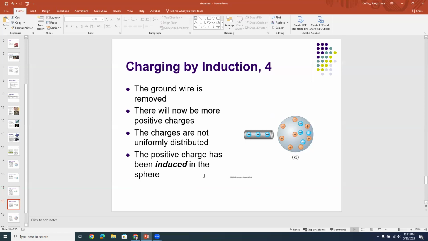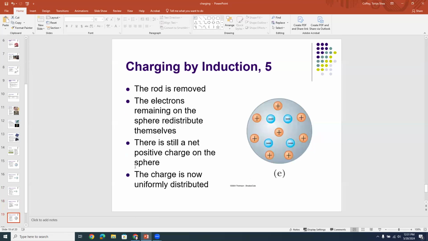So what that means is that you have induced a positive charge in the sphere, okay? That's charging by induction. You can then take the negatively charged rod away, and you'll still only have a net positive charge in that sphere because you've driven the other electrons into the ground.